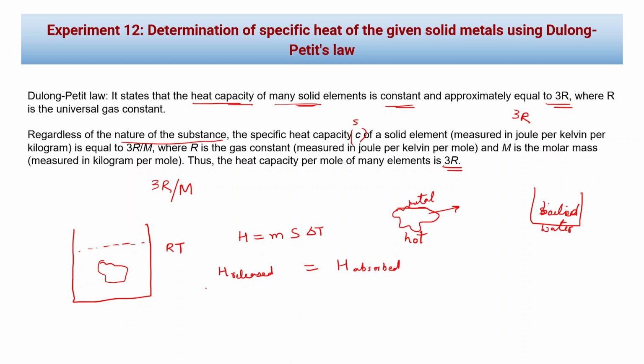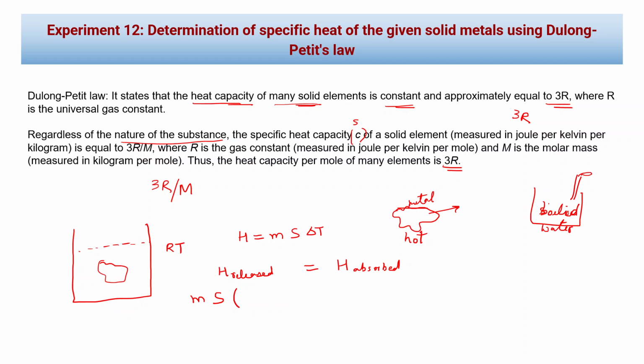Now H released will be written as the mass of that metallic body, its specific heat capacity, either S or C, whatever we want, and the temperature difference. So how will we get to know this temperature difference? If I boiled it to some temperature, I kept the thermometer here and measured the temperature of the water.